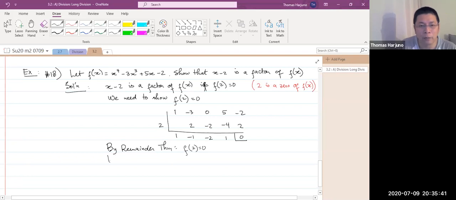And then by factor theorem, because x minus 2 is a factor when the remainder is 0, x minus 2 is a factor of f(x).